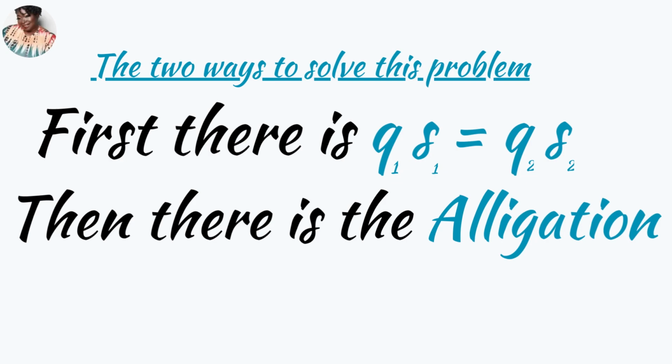And for the alligation method, I have 3 questions that you have to answer. The first 2 questions tell you that it is an alligation. So if it's yes to the first 2 questions, that is an alligation type problem. Whether it's yes or no to the third question tells you what type of alligation it is.